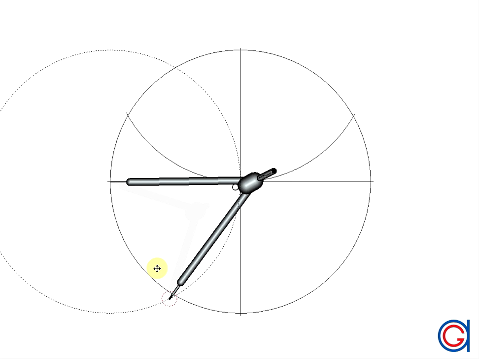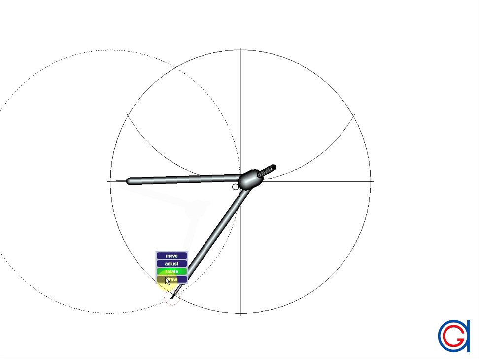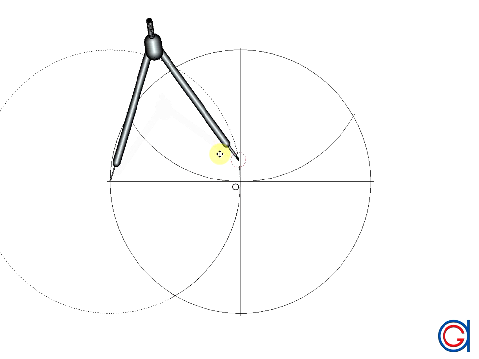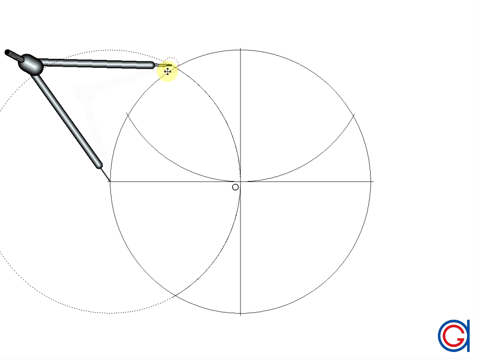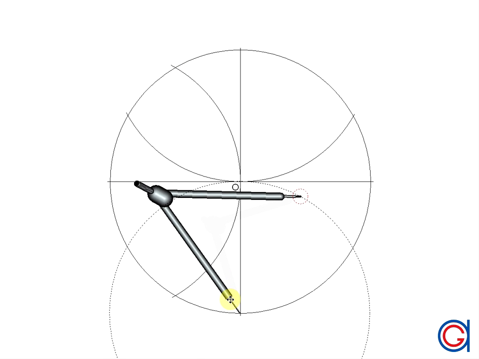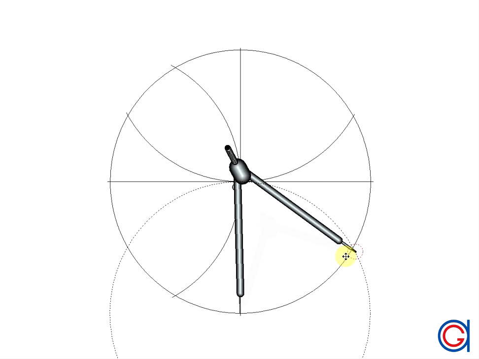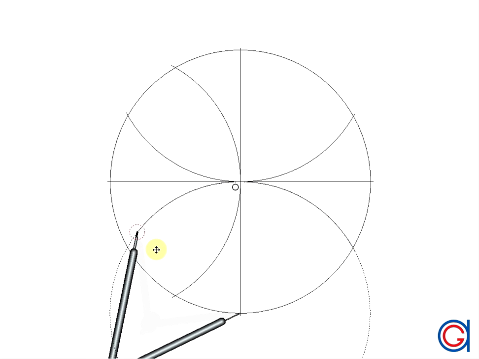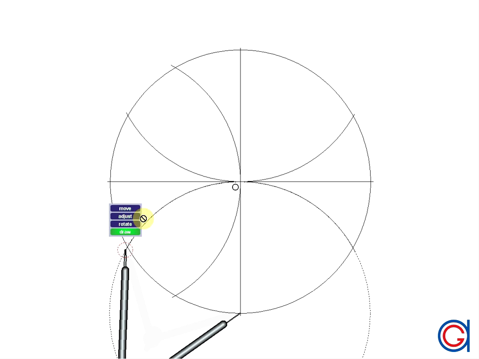Now setting our compass on the left side of the horizontal diameter, we scribe another semicircle, cutting our circle at 2 points. And again, setting our compass at the bottom of the vertical diameter, we scribe our third arc, cutting the circle at 2 points.